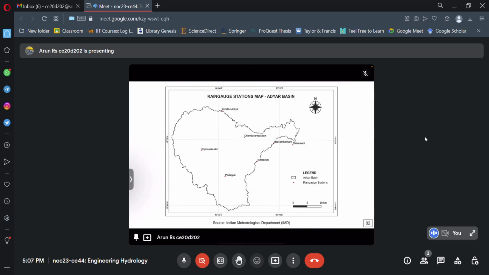So this is a watershed boundary. This is in Tamil Nadu near Chennai. The name of the watershed is Adayar Basin, and we have the different rain gauge stations which are shown as red dots in this map. For this network, we are going to see how the Thiessen polygon looks.